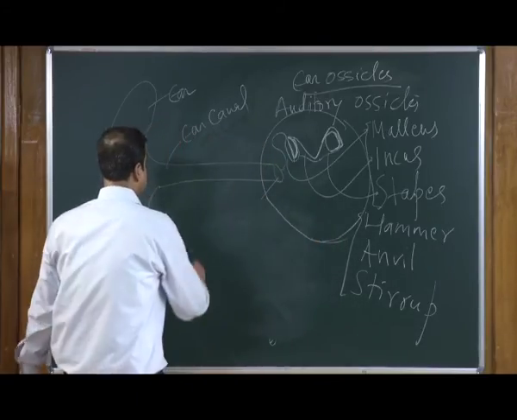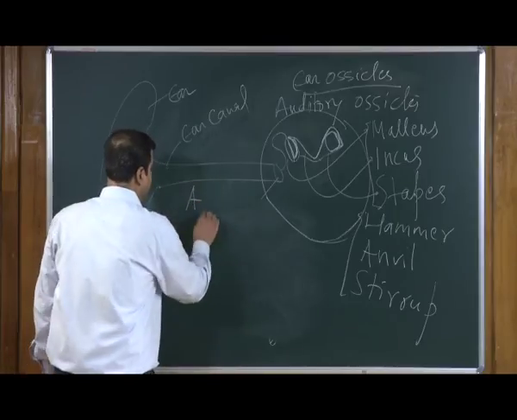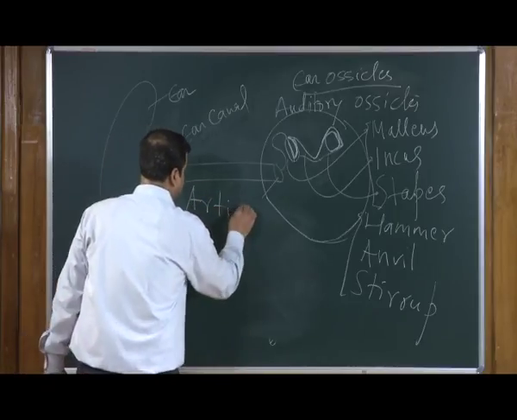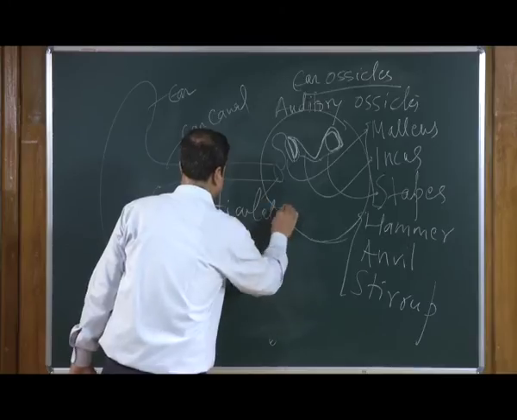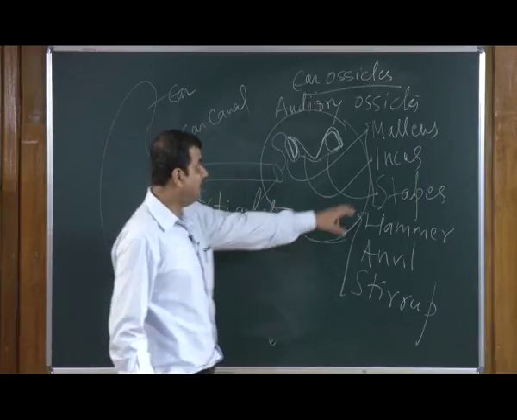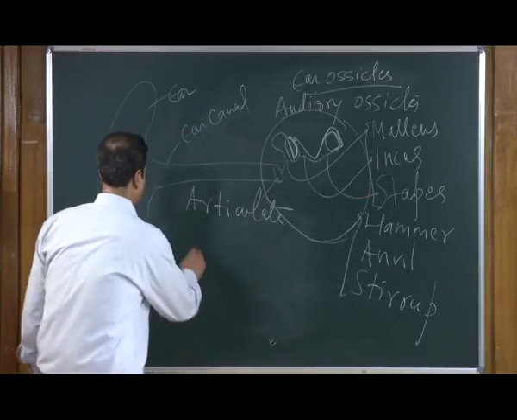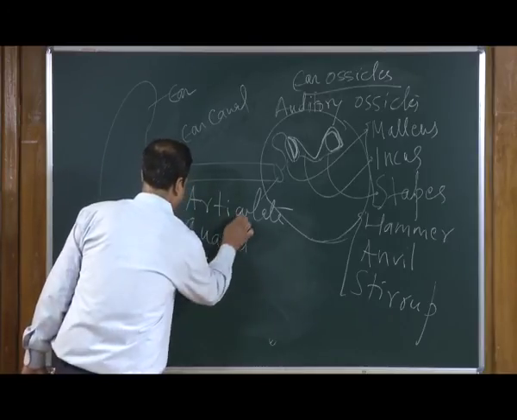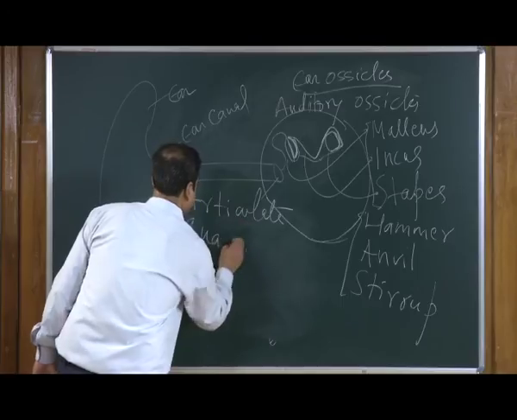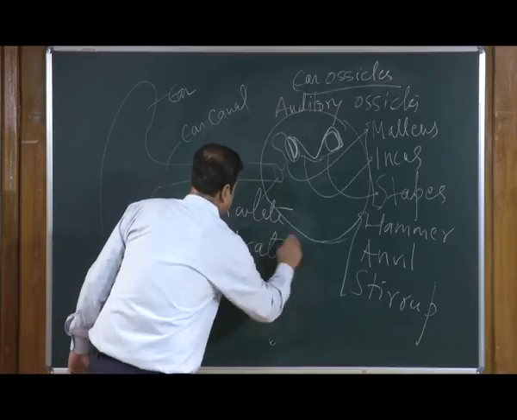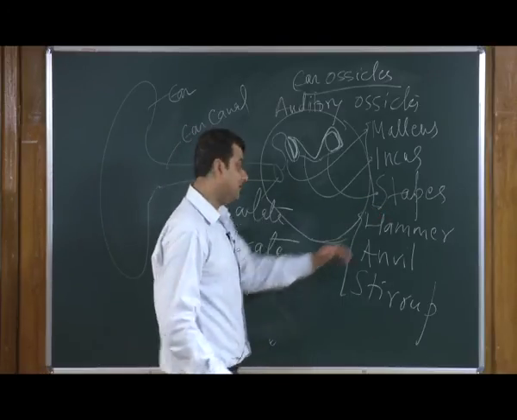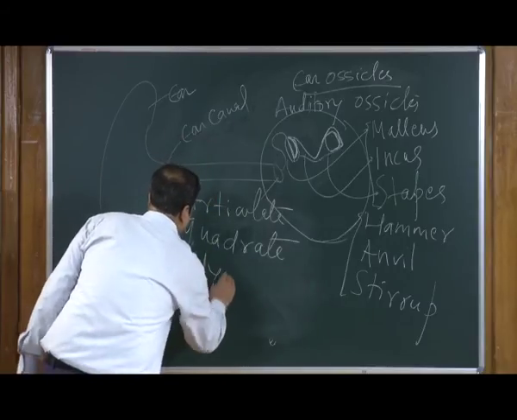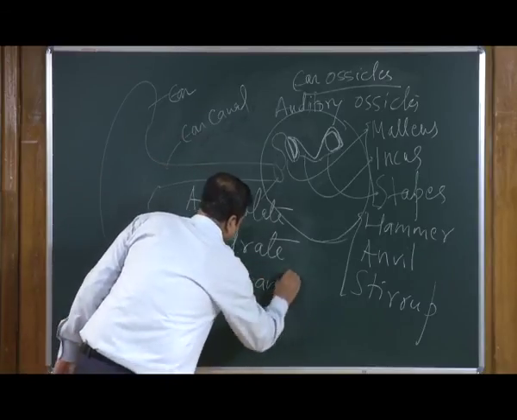Now, malleus is the modification of the articular bone. The incus is the modification of quadrate, and the stapes is the modification of hyomandibular.